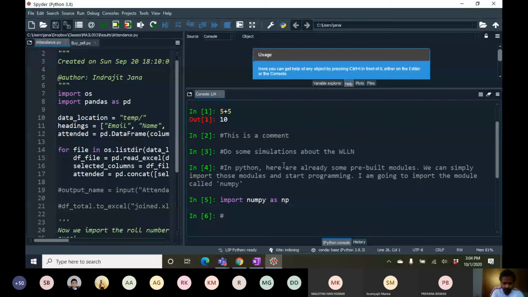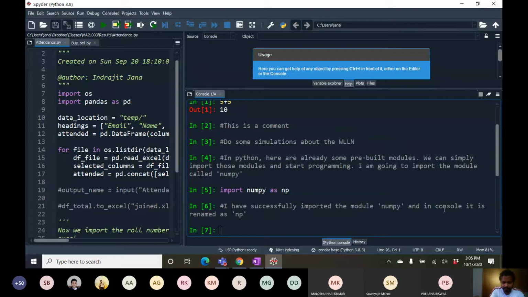So essentially, I have successfully imported the module NumPy in my console. I'm using this console, which is a Python programming console where I'm writing this program, and in the console it is renamed as np.